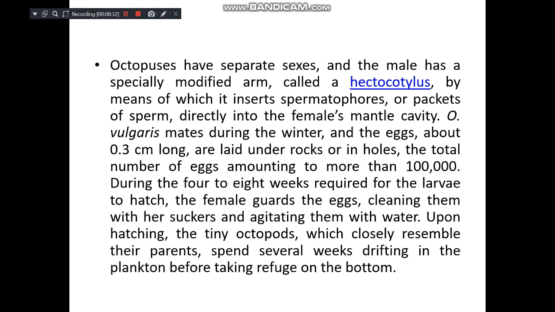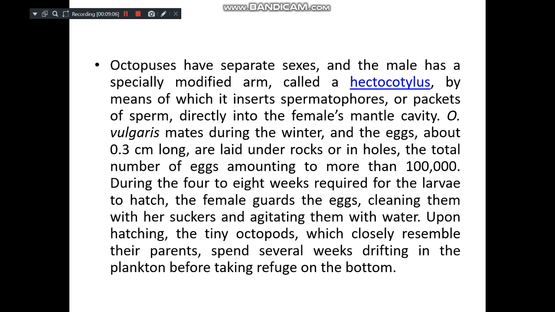Another species of octopus, that is vulgaris, mates during the winter and produces eggs about 0.3 mm long, which are laid under rocks or in holes, amounting to the tune of 1 lakh eggs during the 4 to 8 weeks.